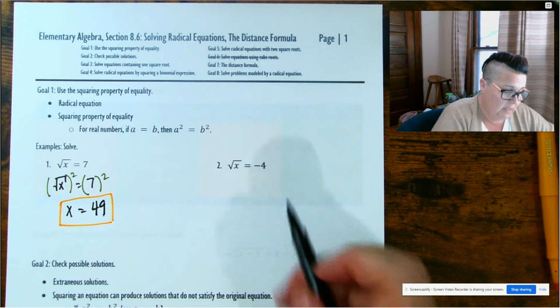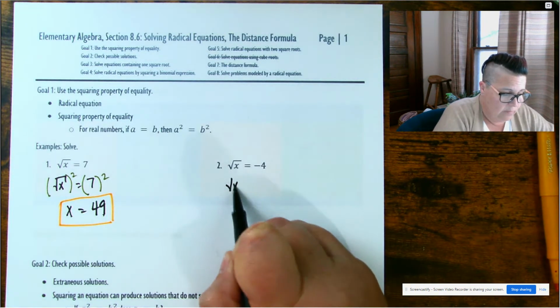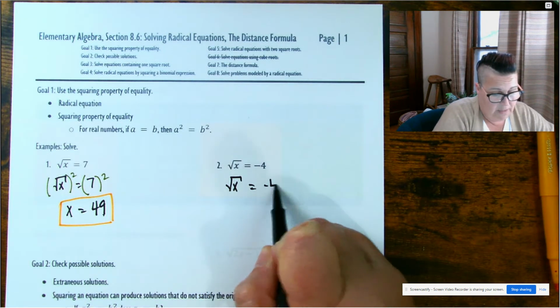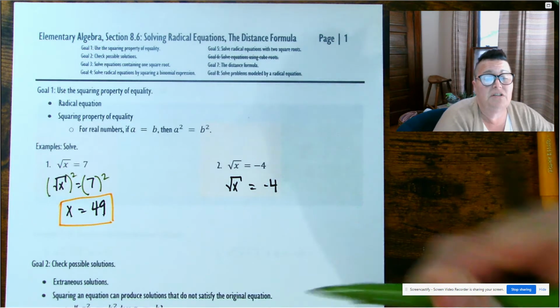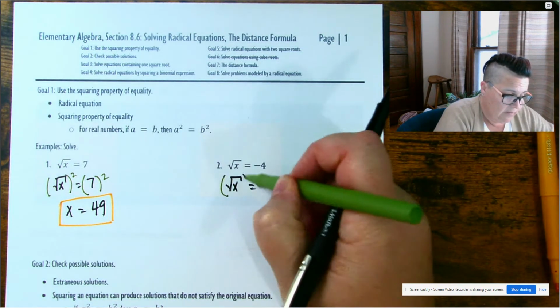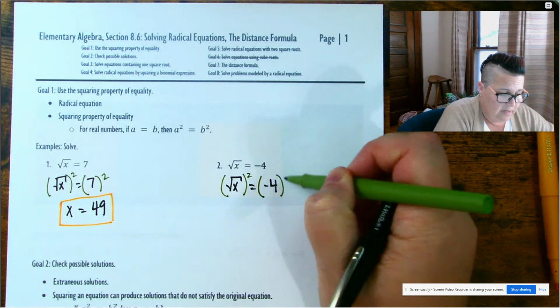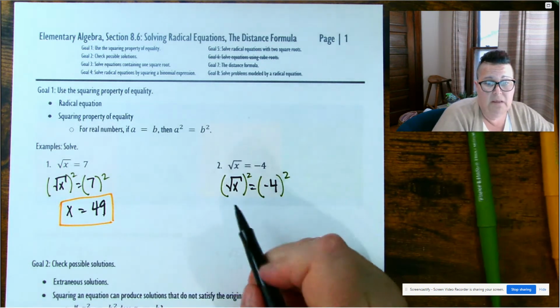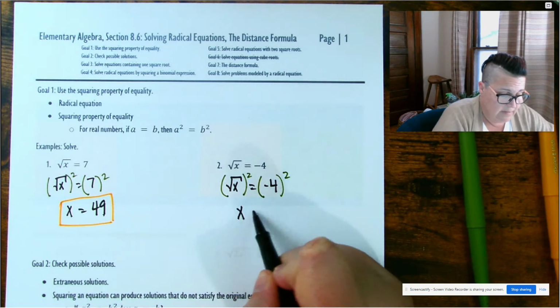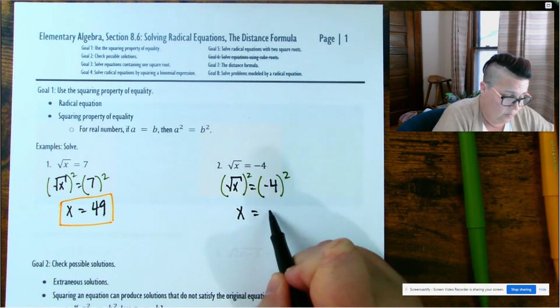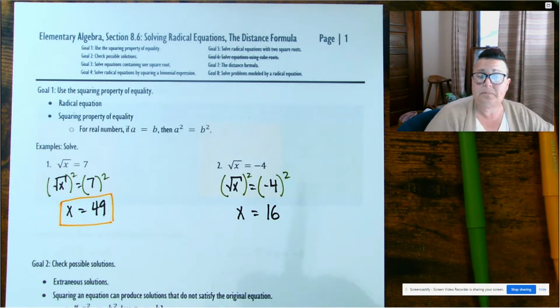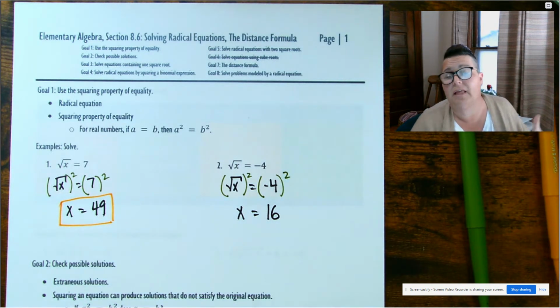Right? If I'm looking at number 2, I have the square root of x is equal to a negative 4. Using the squaring property of equality tells me if I square the left side and I square the right side, that's going to give me x is equal to a negative 4 times a negative 4, which is 16. And this seems like it will work.